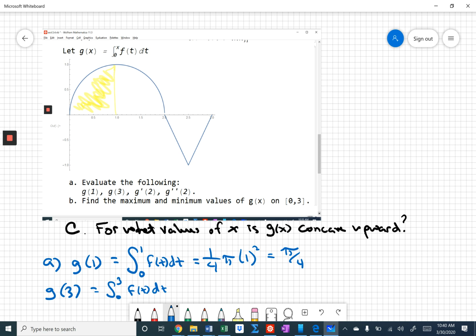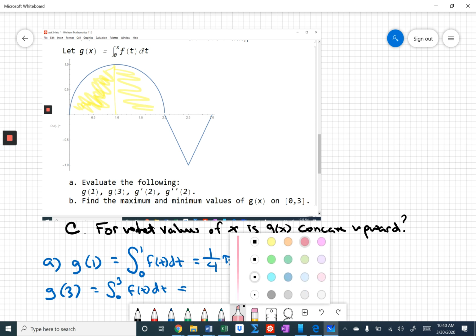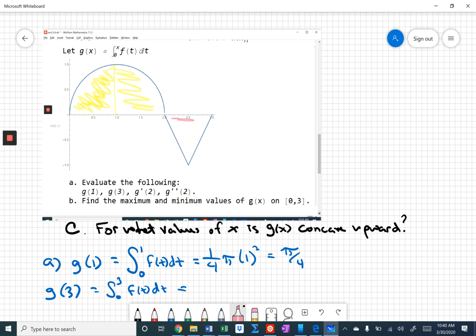And this is going to be, well, we're going to have this semicircle area here that's above, and then we're going to have to subtract from that the area of this triangle that's below. So we have a net signed area situation here. So the area of the semicircle is going to be half pi times the radius squared, minus the area of the triangle, which is going to be half.